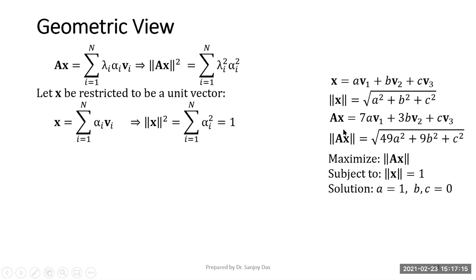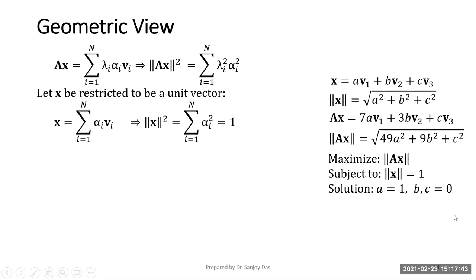The length of Ax is same as the L2 norm of Ax, which is equal to square root of this. 7A whole squared is 49A squared. 3B whole squared is 9B squared. C squared is here. And we take the square root of that. That's the length of Ax, correct?